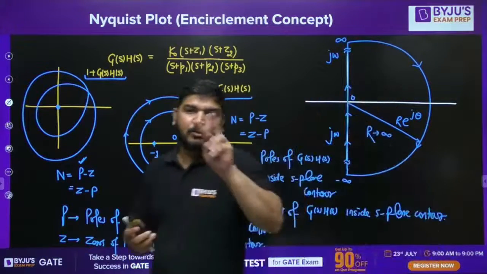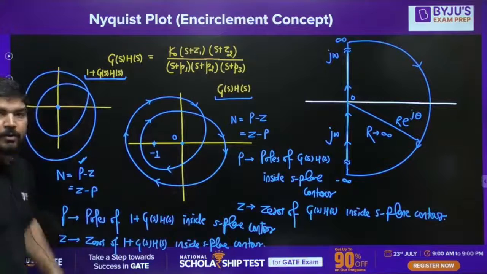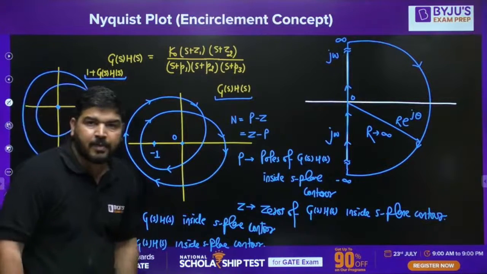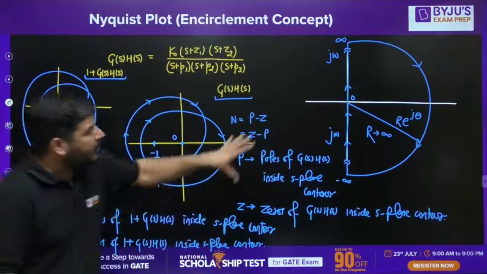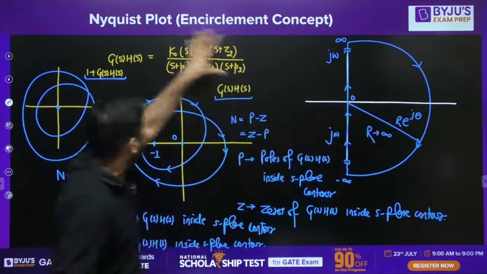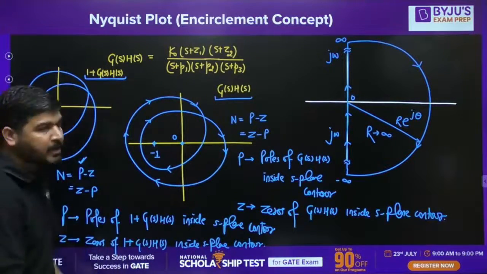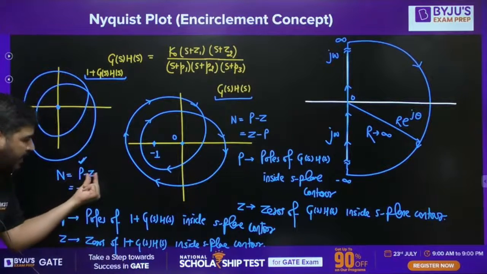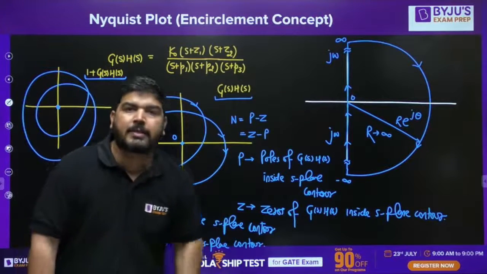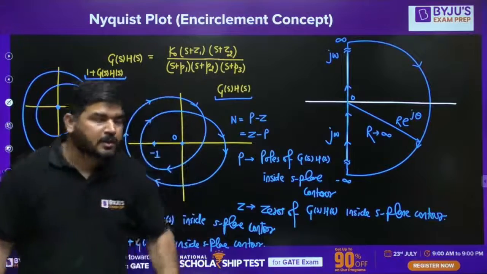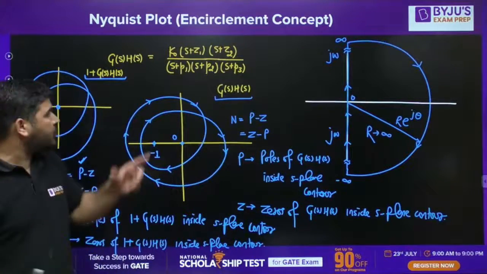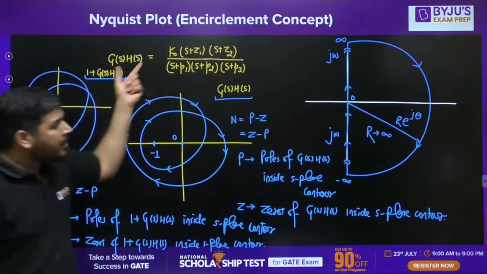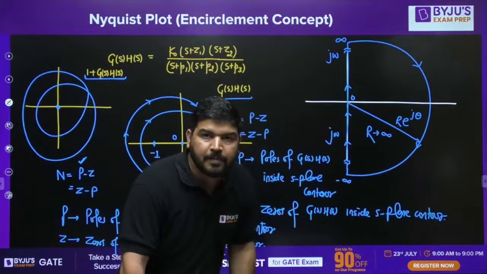So there are two ways to look at the number of encirclements of the origin, or of -1, to check the closed loop system stability. You can take this S-plane contour, map it into 1 plus G(s)H(s), and look at the encirclement of the origin. That encirclement will be P minus Z, where P and Z are the poles and zeros of 1 plus G(s)H(s) lying inside this S-plane contour.